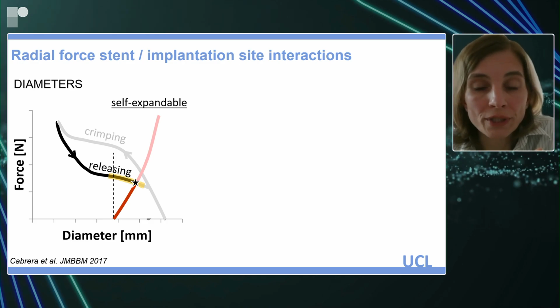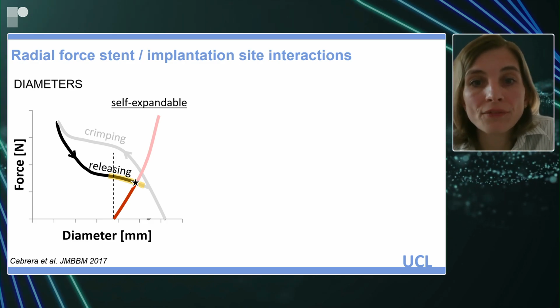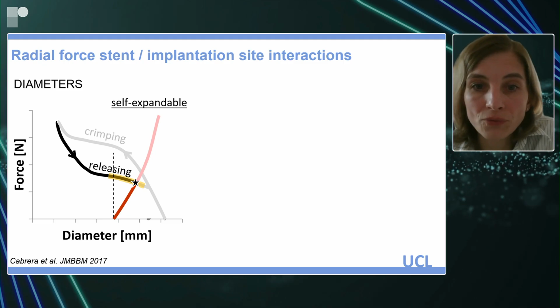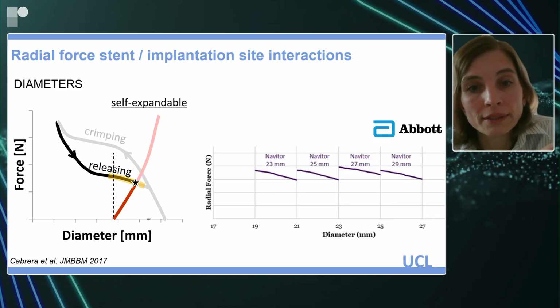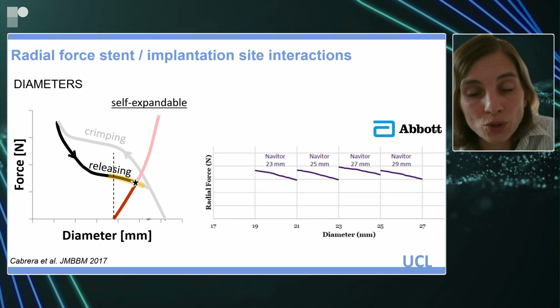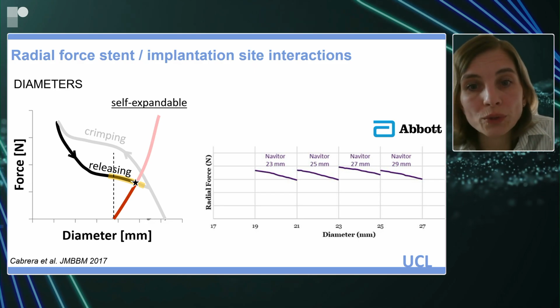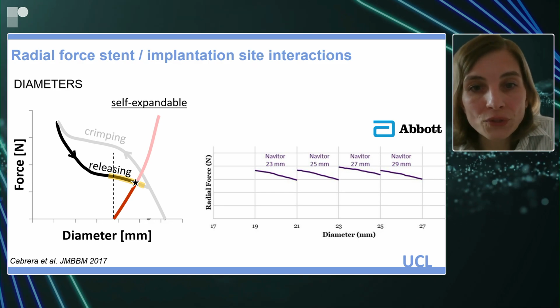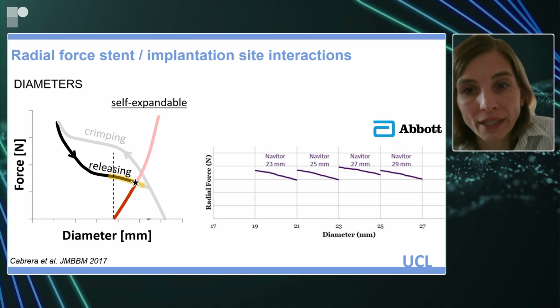And therefore, we need to make sure as engineers that we work in that specific range of the curve in terms of forces. And what Navitor has done is really trying to change and tune the way we move in terms of the forces along different ranges of diameters.